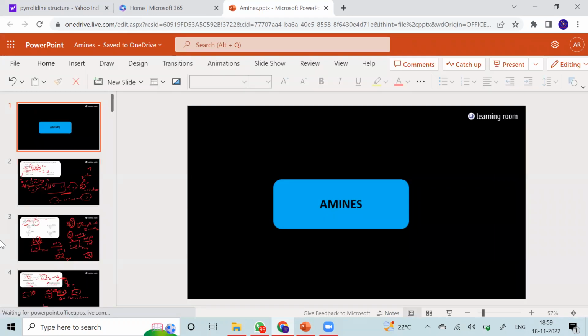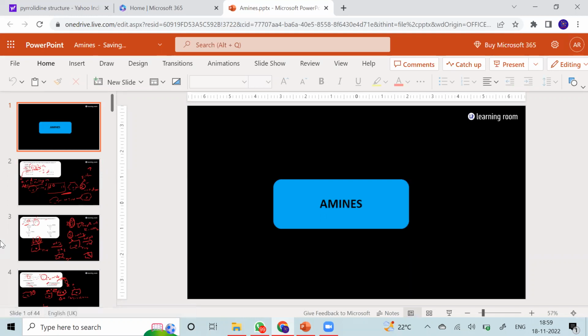Oh, wait, I have to connect my charger. Just give me a second.